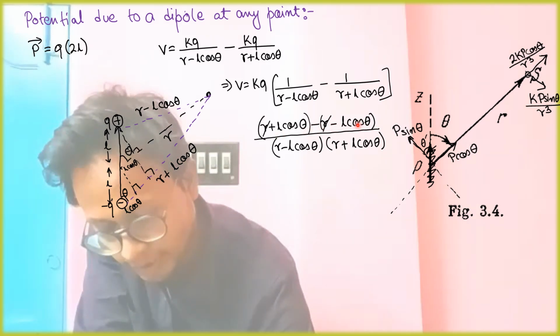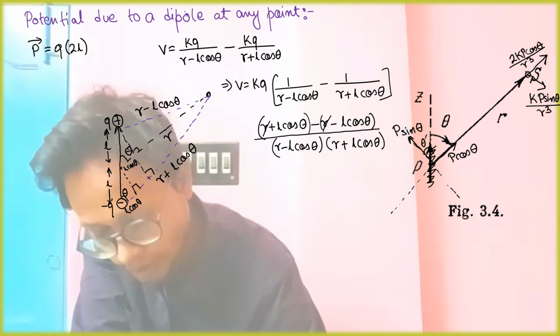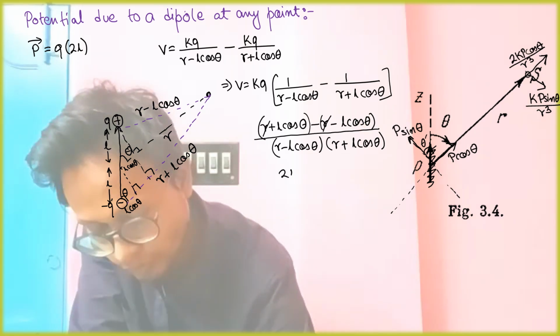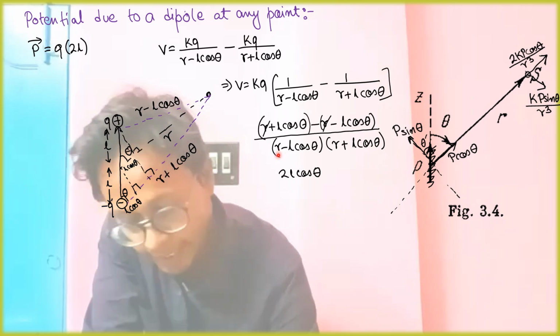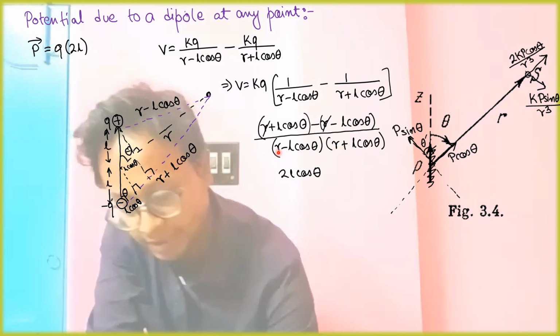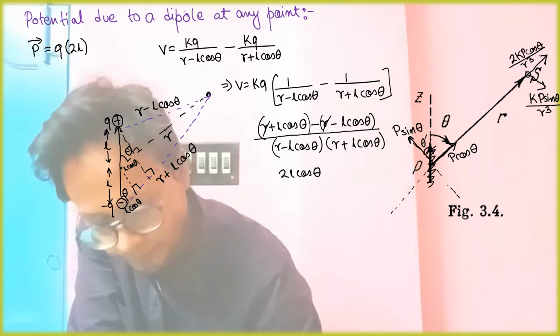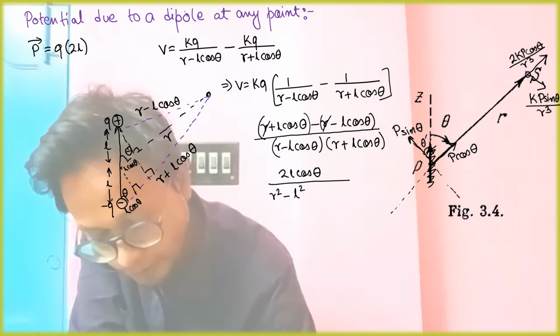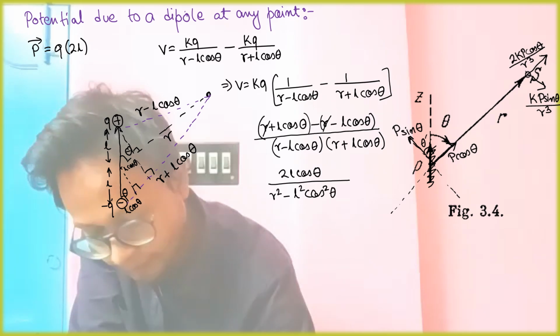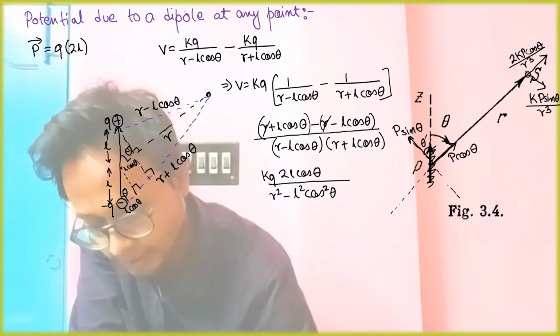So L cos theta plus L cos theta is nothing but 2L cos theta, divided by A minus B into A plus B, which is nothing but A square minus B square. So this is 2L cos theta divided by R square minus L square cos square theta, into KQ. This KQ should be multiplied.